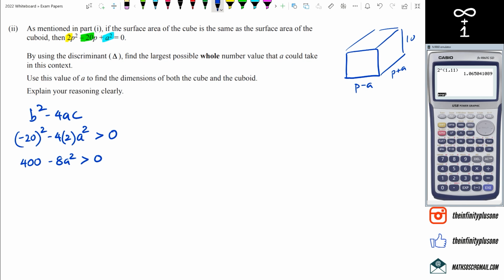We can rearrange this, and we get negative 8a squared greater than negative 400, and then a squared is less than negative 400 divided by negative 8. I changed that symbol because of dividing by negative 8, and I've got a squared is less than 50.